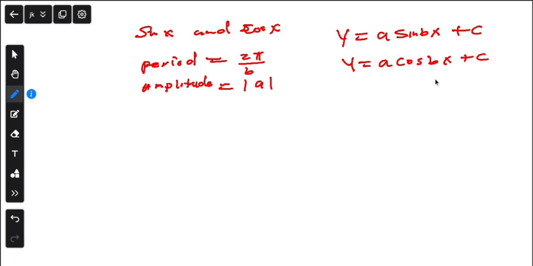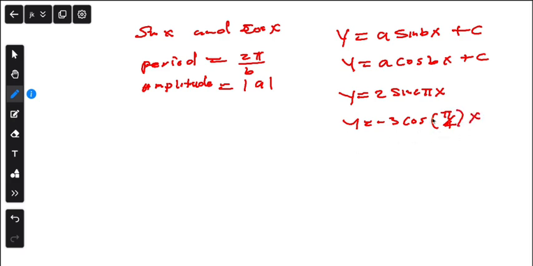So b is actually the theta. For example, you can be given something like y is equal to 2 sine 2 pi x. Or you can be given something like y is equal to negative 3 cos, then open bracket pi over 4, then x.